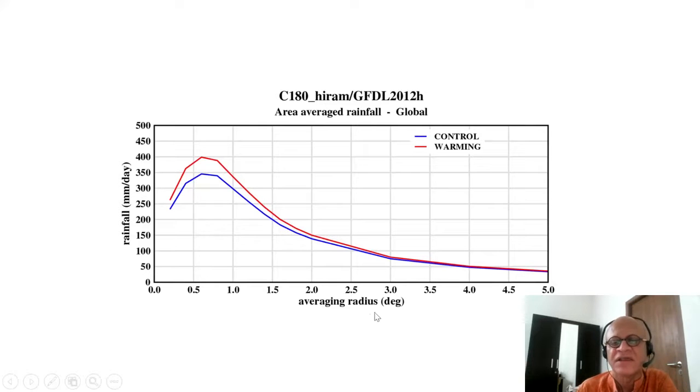So you can see that the average radius of the cyclone and the average rainfall increase in the warming are significant. At the outer edge, the difference is not there, but as you get closer to the eye, obviously you have a significant increase in the average rainfall.